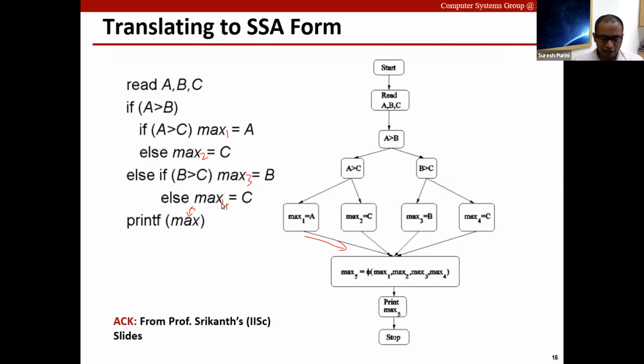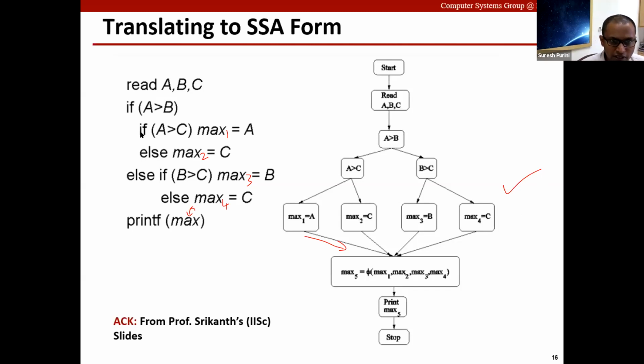Remember, in SSA form, if you look at the code on the LHS of a statement, a variable can occur exactly once. So earlier the max variable is on the LHS at 4 different points, but after changing it to SSA form, we have generated 4 different versions of the variable, max1, max2, max3, and max4, and that resulted in this control flow graph in its SSA form.